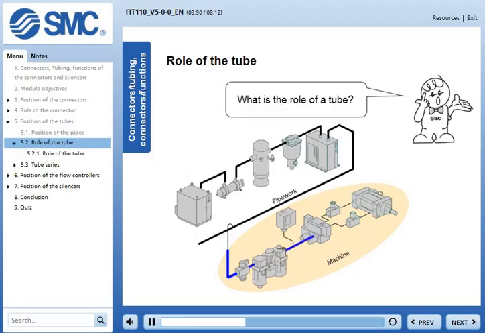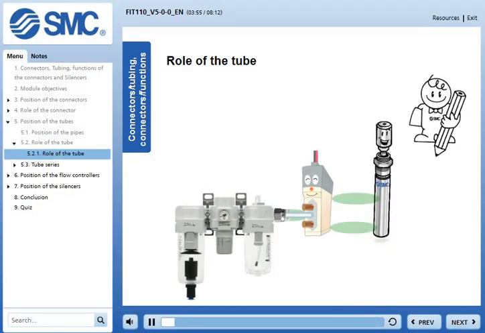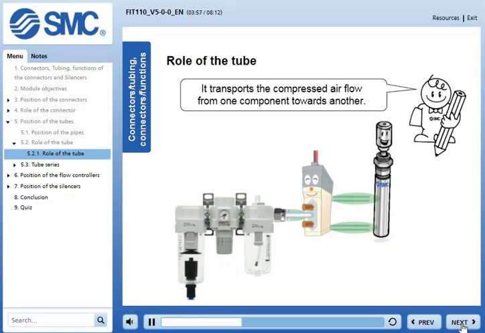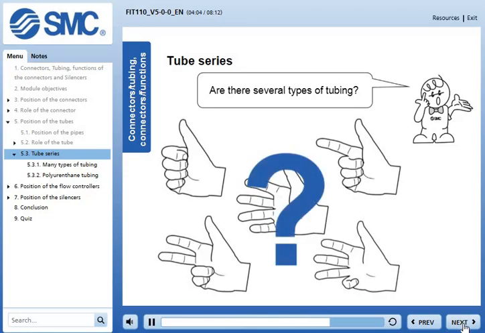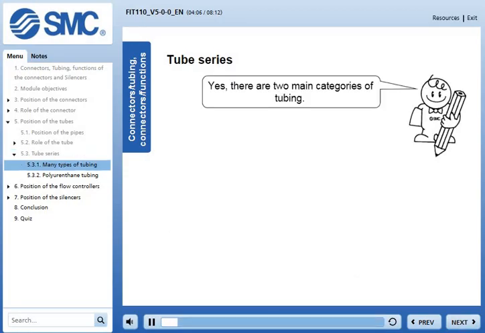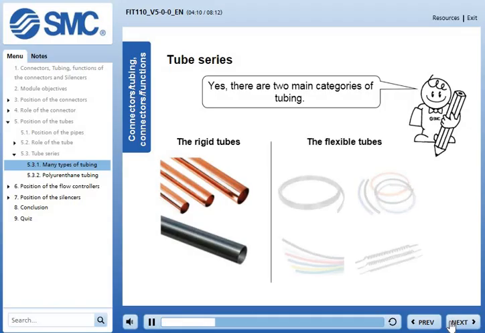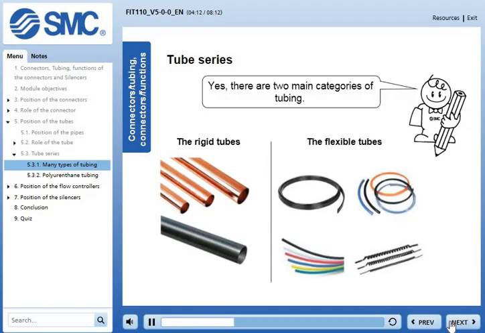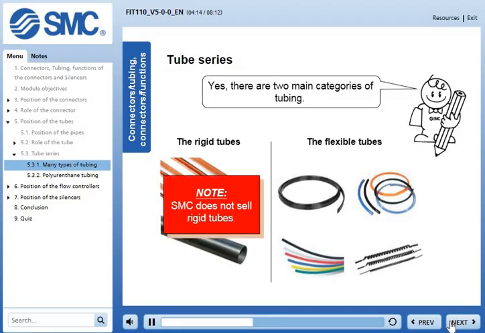What role does the tube or pipework play in the machine? The role of the tube is to transport the flow of compressed air from one component to another. Are there several types of tubing? Yes, there are two main categories of tubing, the rigid tubes and the flexible tubes. Note that SMC does not sell rigid tubes.